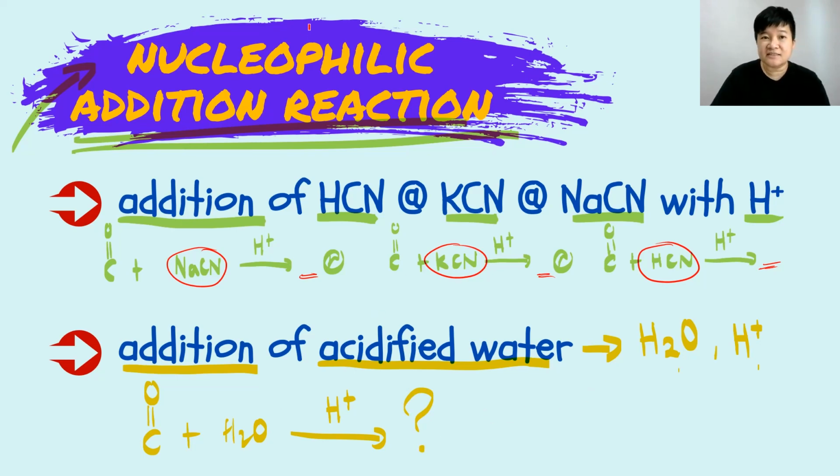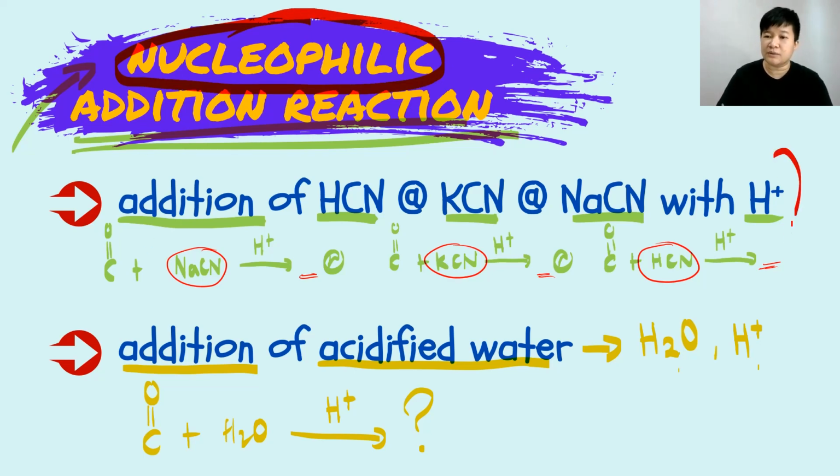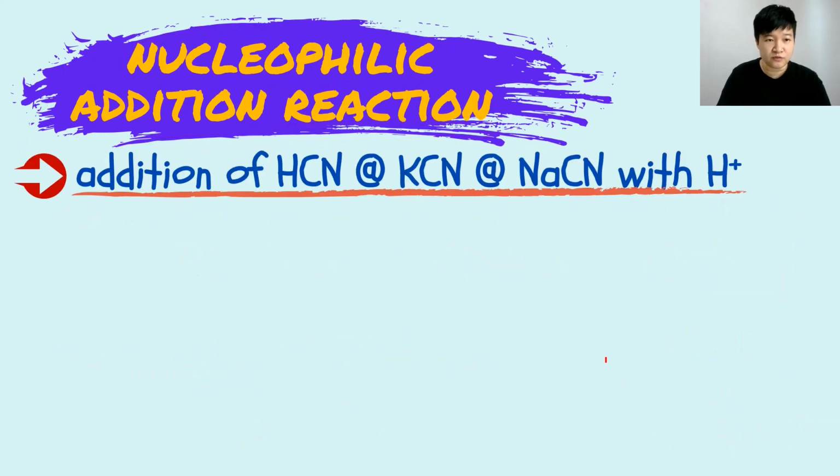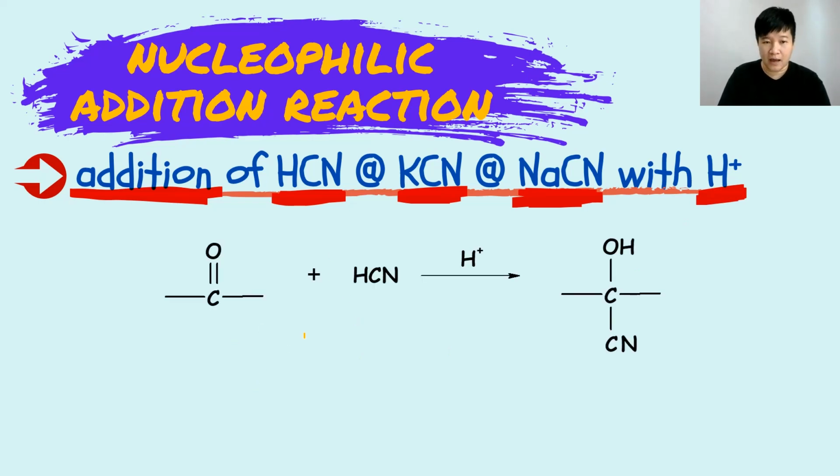And guys, since it's a nucleophilic addition, I think what is most important over here is who is the nucleophile. So you must identify who is your nucleophile in every reaction that we are going through later on. So let's jump straight into the first one, which is your addition of HCN or KCN or NaCN with the presence of H+. Let's see what happened.